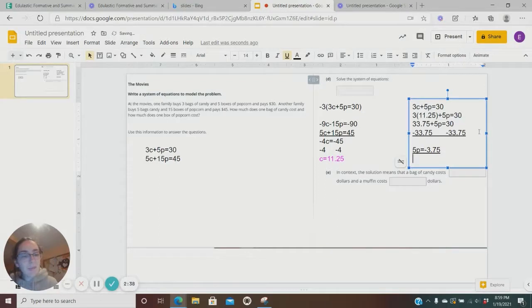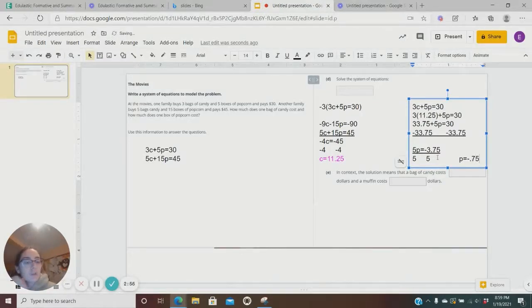Now to get that p by itself, we need to divide by 5 on each side. And now this is where it's going to get a little bit tricky. We have a p that is equal to, I'm going to space it over because I don't really have much room here.